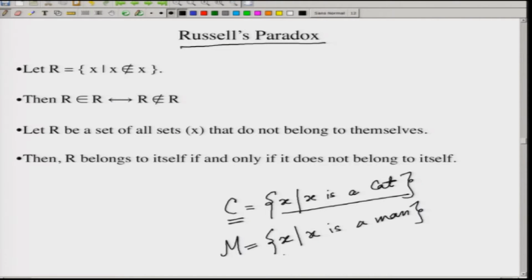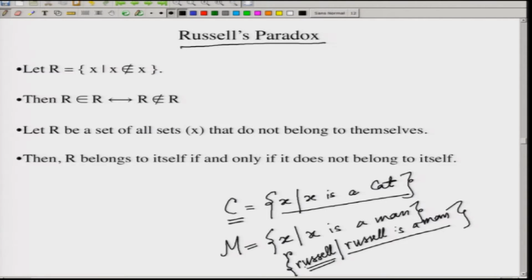So, I plug in R, which is Russell, and the sentence that comes out of it is Russell is a man. If this sentence comes out to be true, then this thing belongs to the set. This is how we decide the membership.